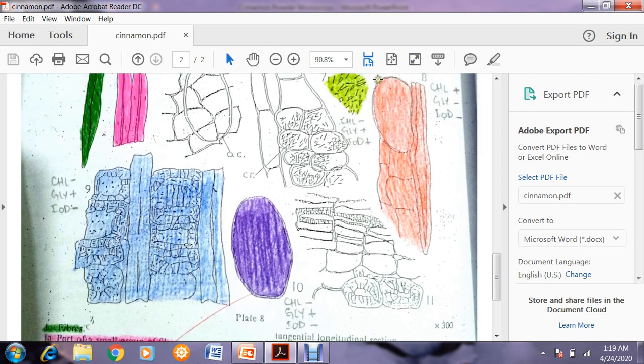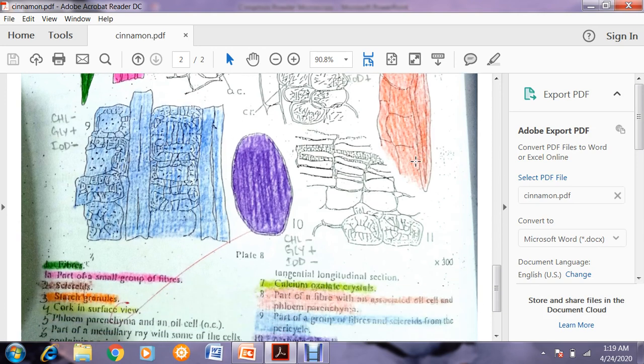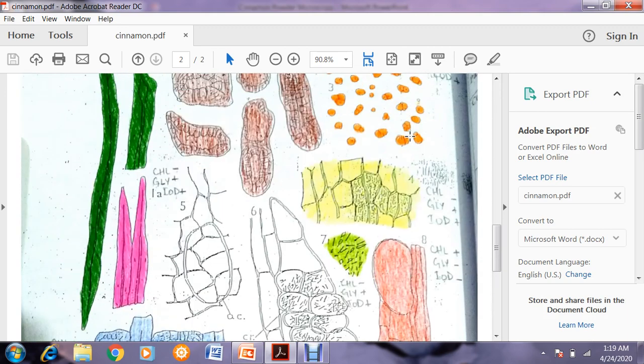Clearly seen: this is the oil cell, this is the fiber, and this is the phloem parenchyma, a thin-walled cell. In the first one the fiber was present as a single entity, while here it is combined with the oil cell and phloem parenchyma.